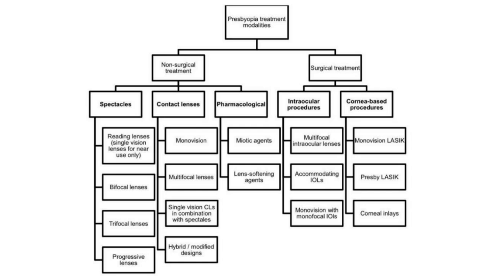Pharmacological, we have miotic agents and lens softening agents. In surgical treatment, we have intraocular procedures and cornea based procedures. Intraocular procedures include multifocal intraocular lenses, accommodating IOLs, and monovision with monofocal IOLs. In cornea based procedures, we have monovision LASIK, presbyopia LASIK, and corneal inlays.